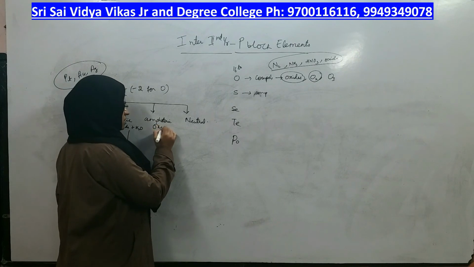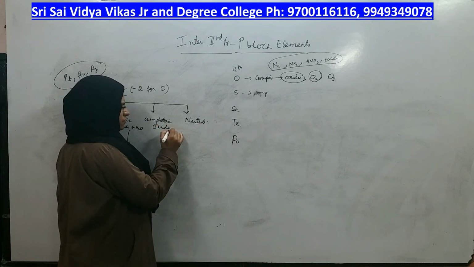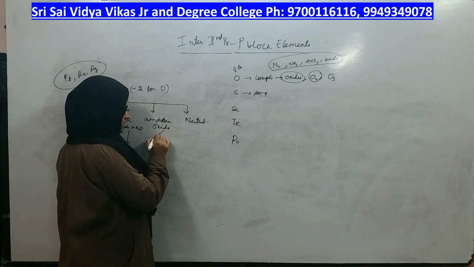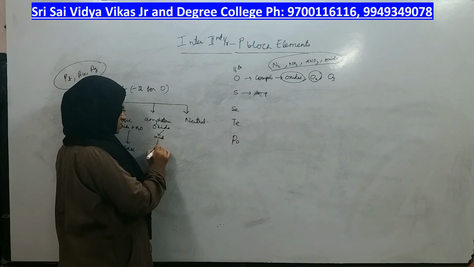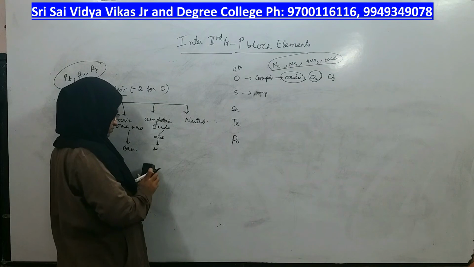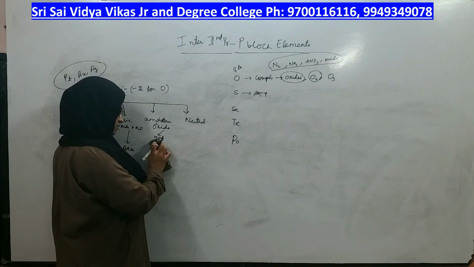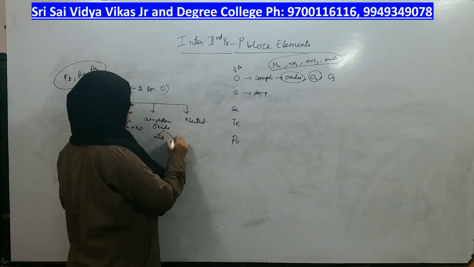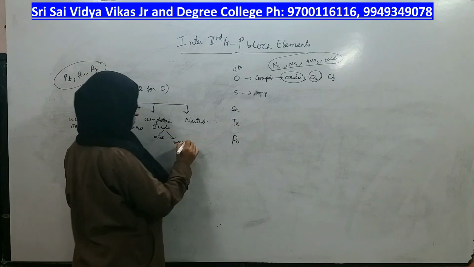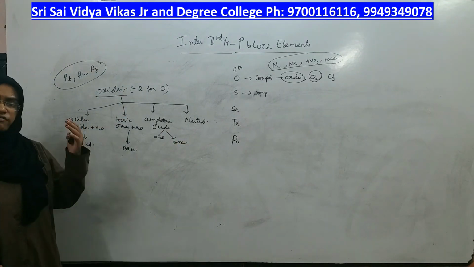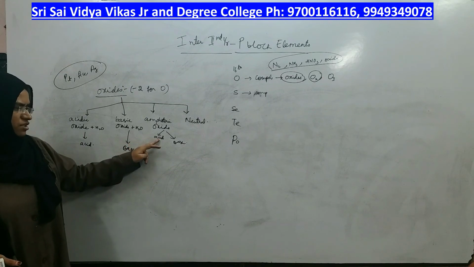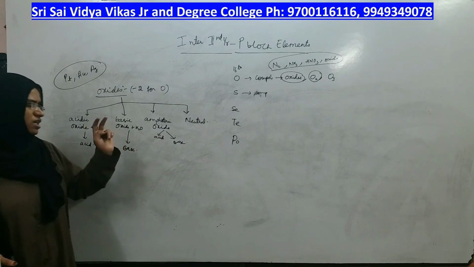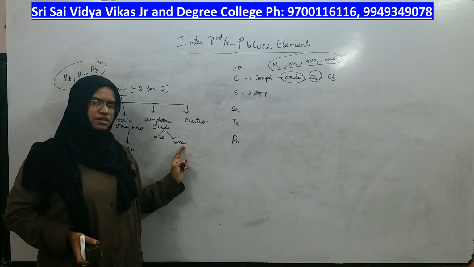Amphoteric oxide is the oxide which behaves like a base when it is treated with acid, or behaves like an acid when treated with base.